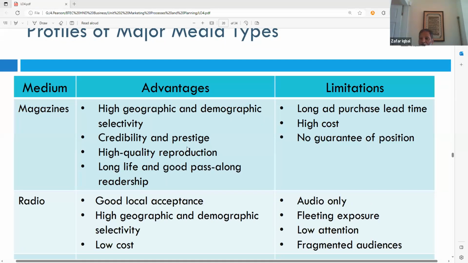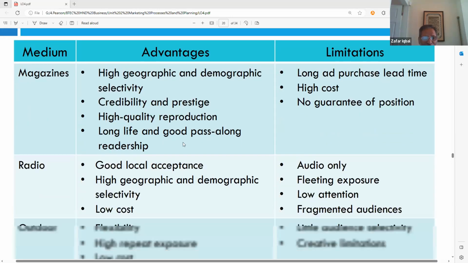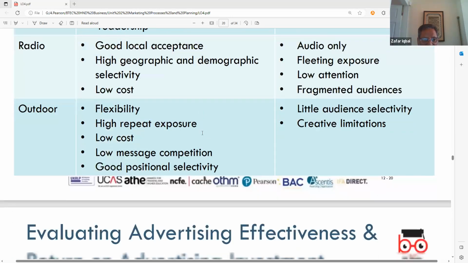The lead time is very long, because they have waiting lists for publicity. So you need to select a variety of major media types, and you need to check the profiles. You need to look at the disadvantages and the cost advantages.